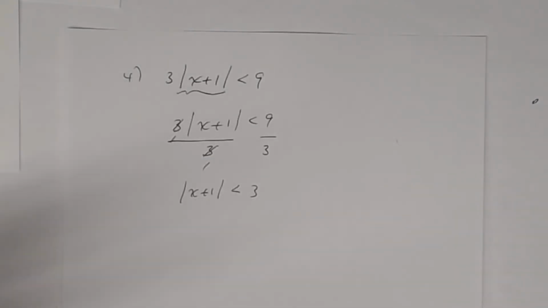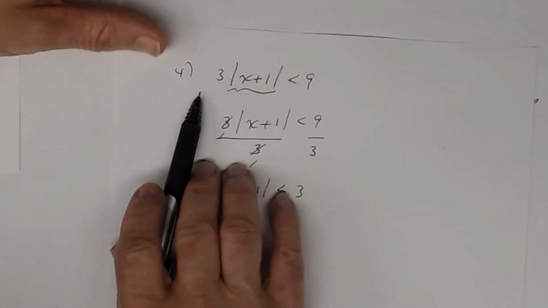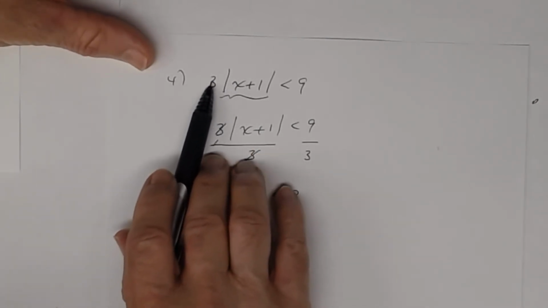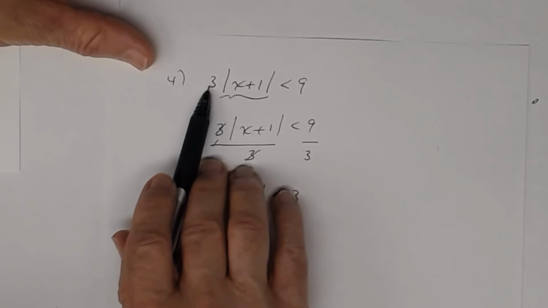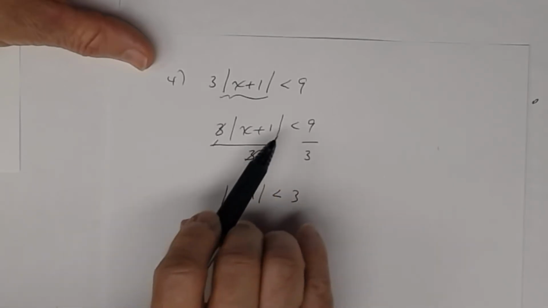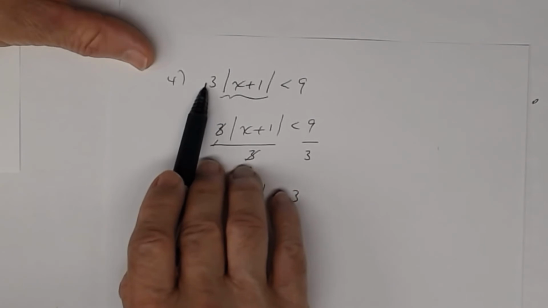Remember this. If you have a number on the outside of the absolute value bar, multiplication, 3 times whatever, whether this number is positive or negative, to be on the safe side, always do this first. Always divide both sides by this number.